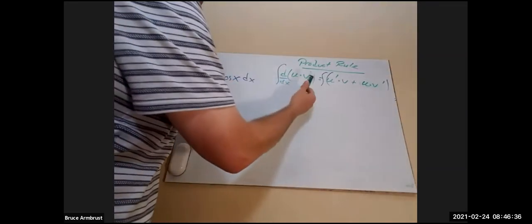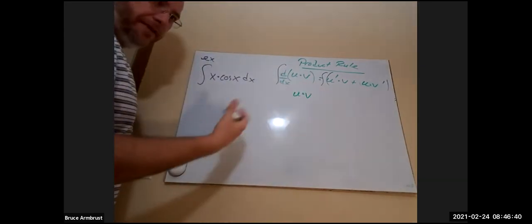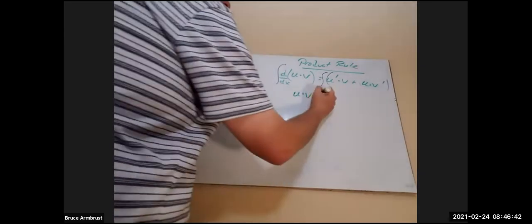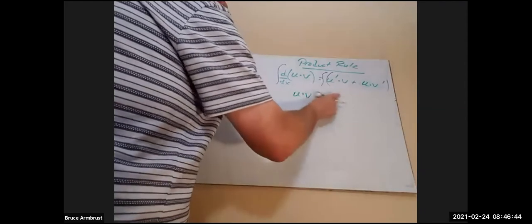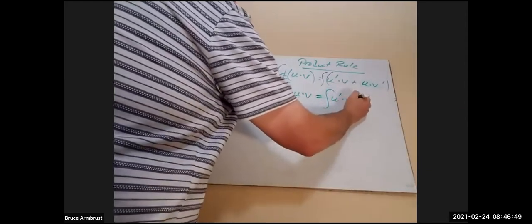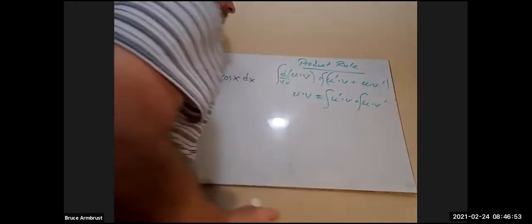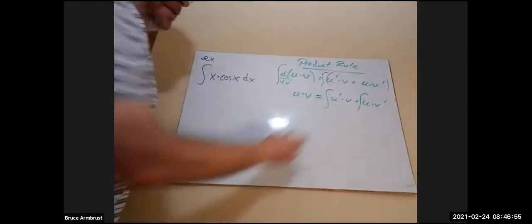That leaves over here u times v is the integral of the derivative. They undo each other. And that's going to equal the integral of u prime times v plus the integral of u times v prime. Let's just integrate them separately.